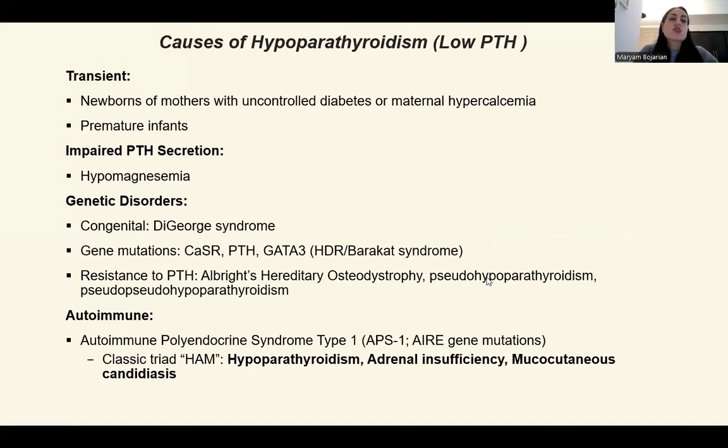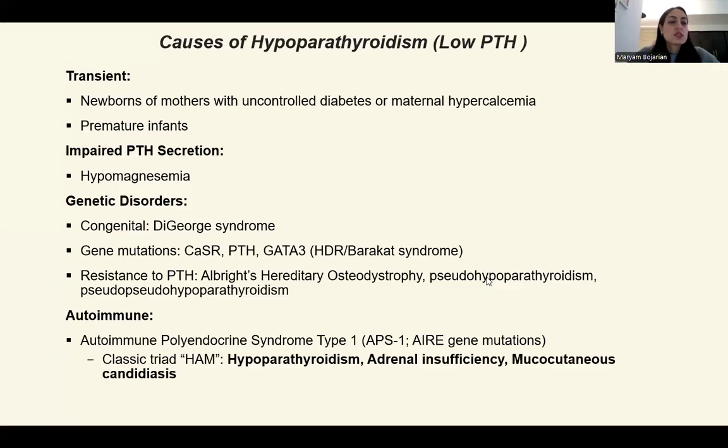So we can have transient hypoparathyroidism, for example in newborns of mothers with uncontrolled diabetes or maternal hypocalcemia. And we can also see this transient hypoparathyroidism in premature infants. As I said, any change in magnesium levels can impair PTH secretion and cause hypoparathyroidism.